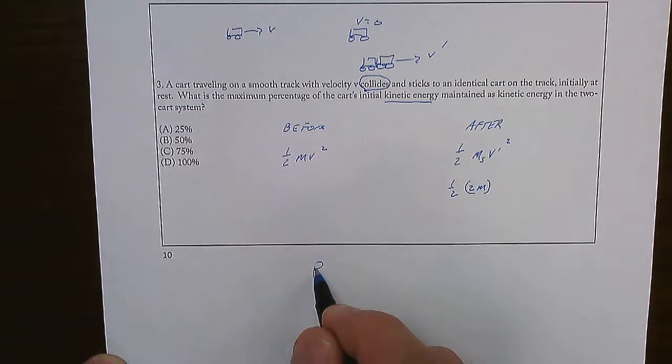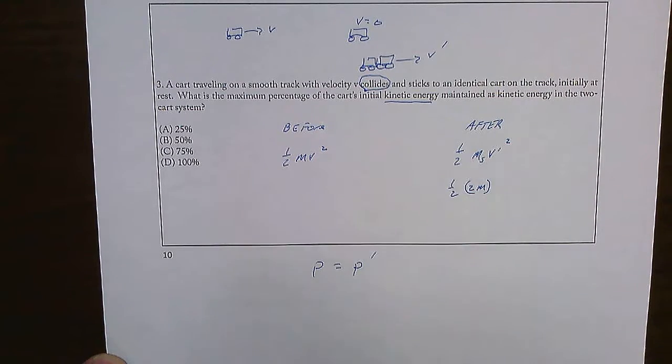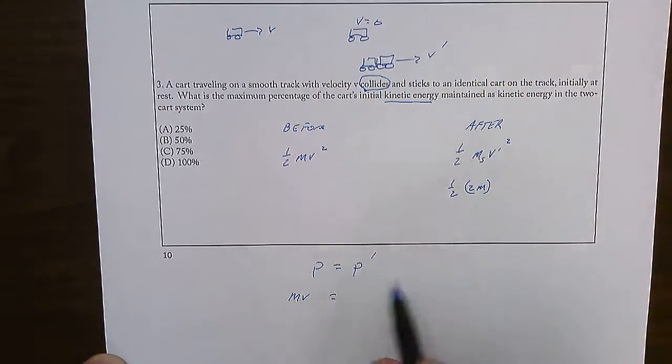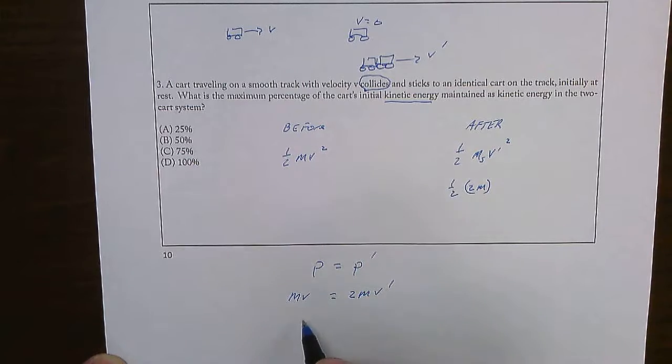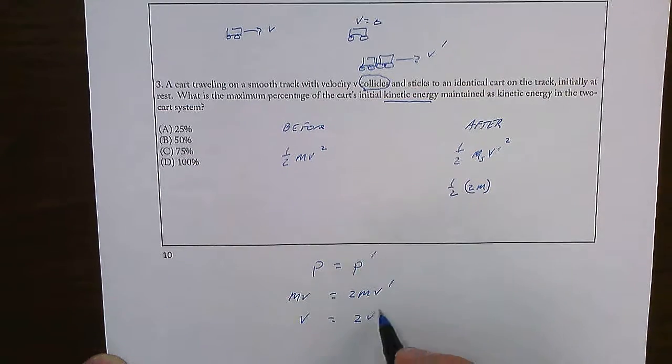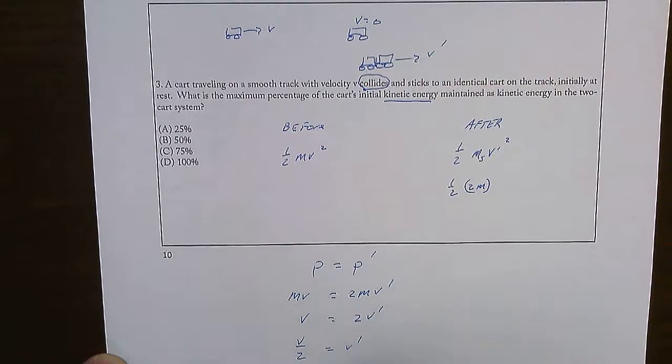So the momentum of the system before is equal to the momentum of the system after. What's the momentum of the system before? m times v. What's the momentum of the system afterwards? Well, it's 2m times v prime. So v is twice v prime, or v prime is v over 2.